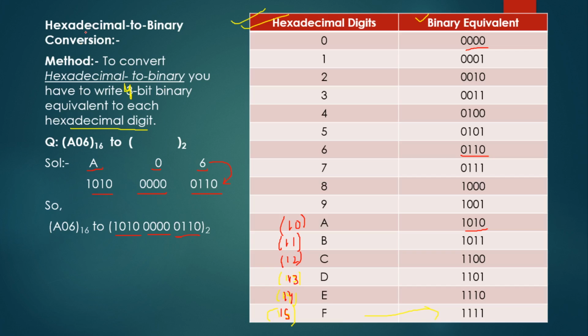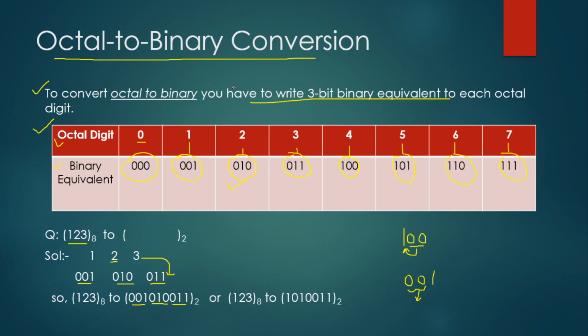To convert the hexadecimal number system to binary, we have to learn this table. You have to remember the binary equivalent of each digit. When you practice more questions, you will learn this table automatically, so don't worry about it. So this is the topic that we had to cover.